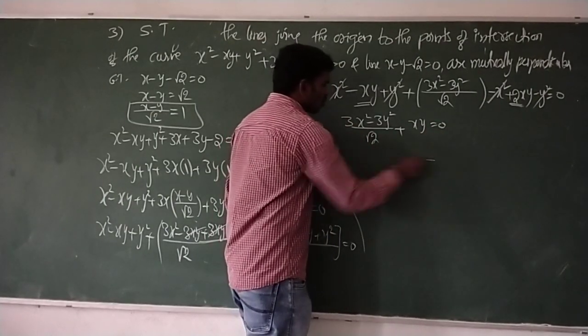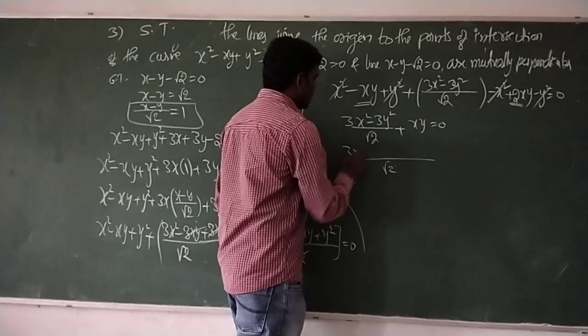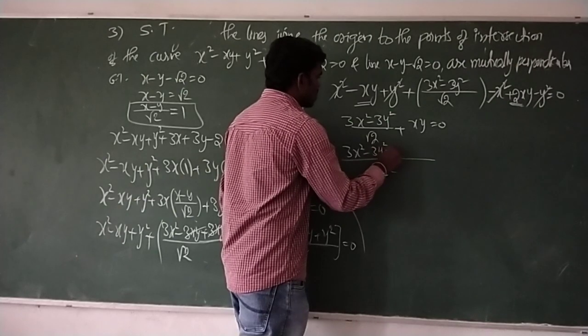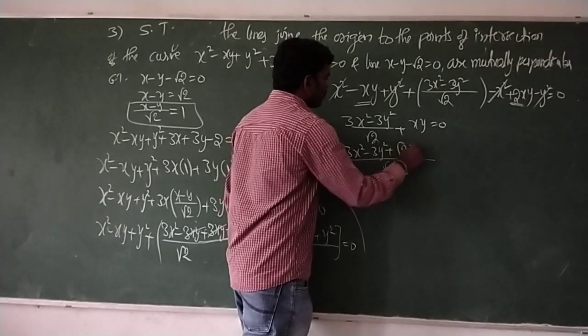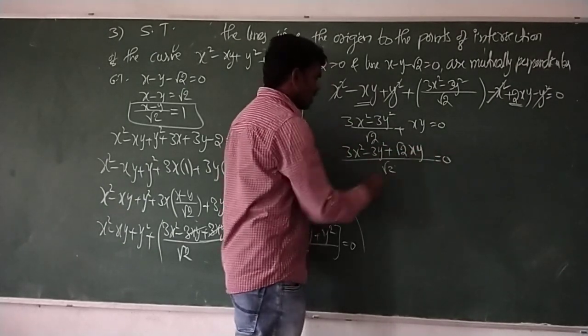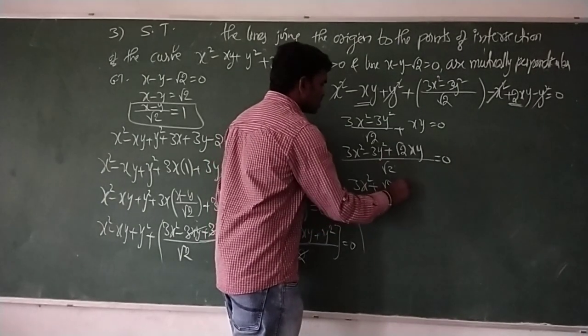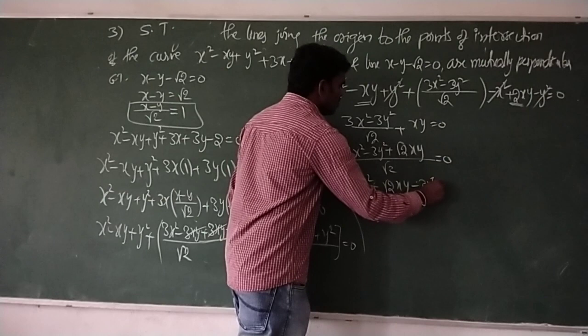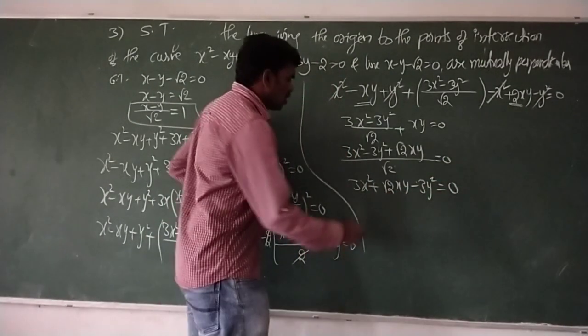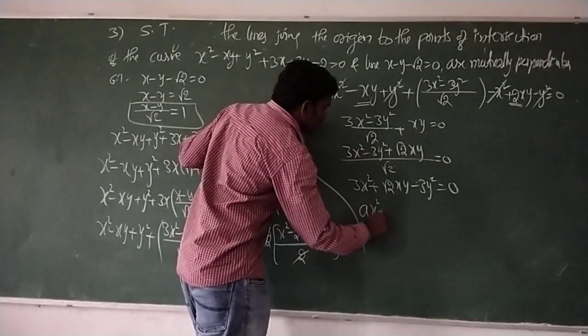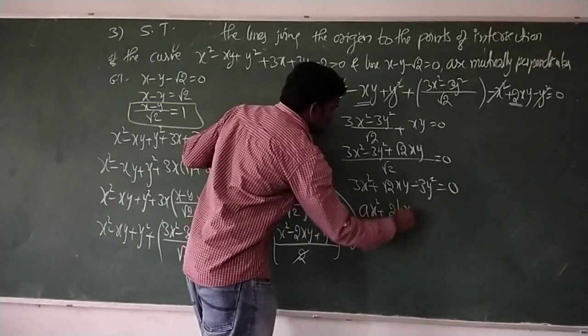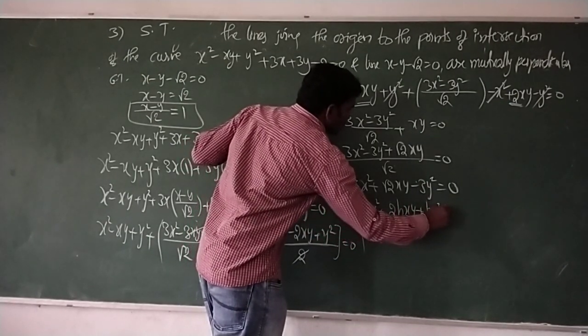Now multiply with root 2, or take root 2 as LCM, we get 3x square minus 3y square plus root 2 into xy is equal to 0. Root 2 sent to the right side, it becomes 3x square plus root 2 xy minus 3y square equal to 0. So now compare with ax square plus 2hxy plus by square equal to 0.